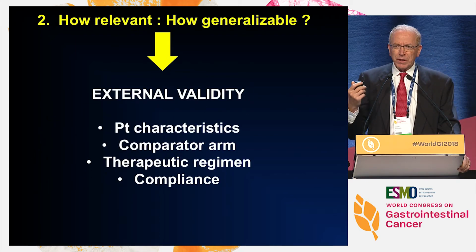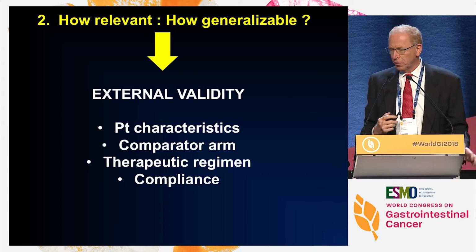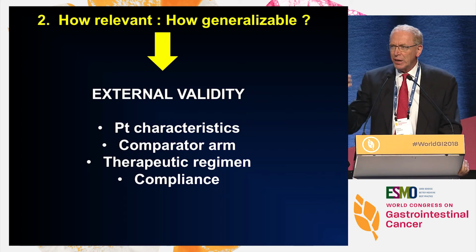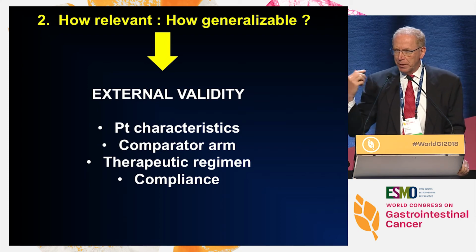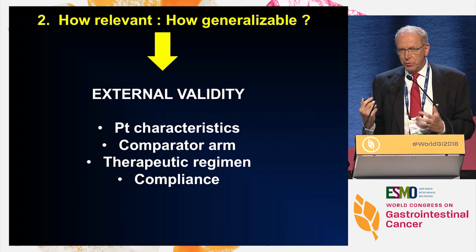The other point, the other dimension of how relevant these results are is the so-called external validity. That is, can I apply these results to my patient, to the average patient? How do you evaluate that?